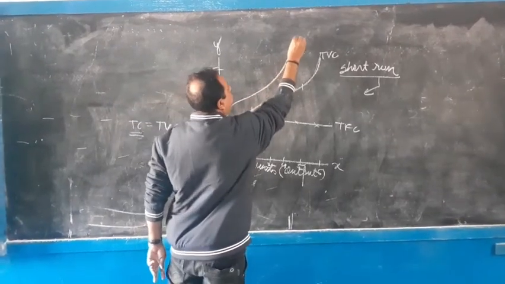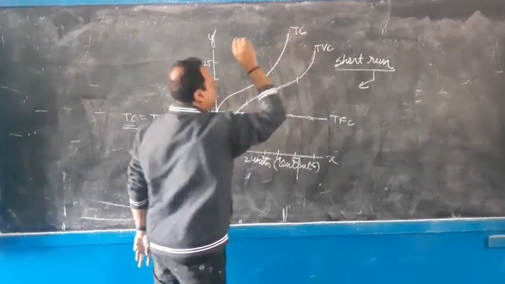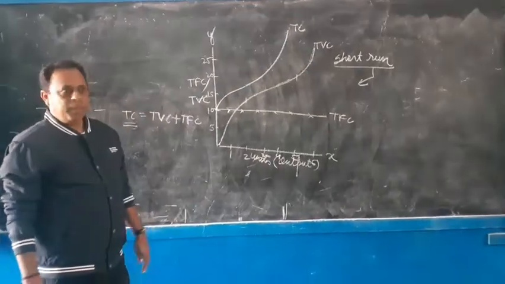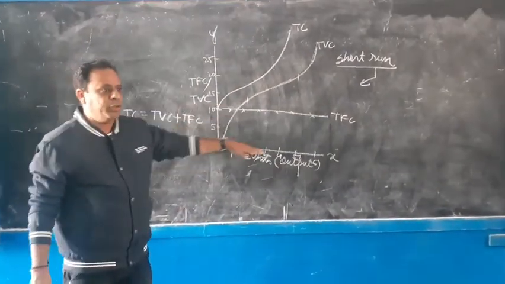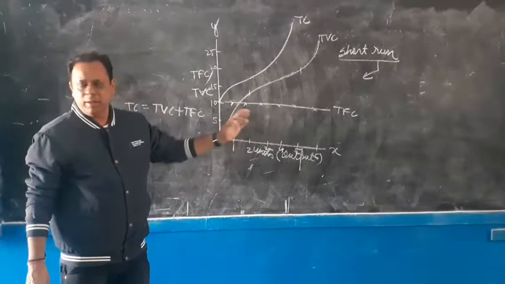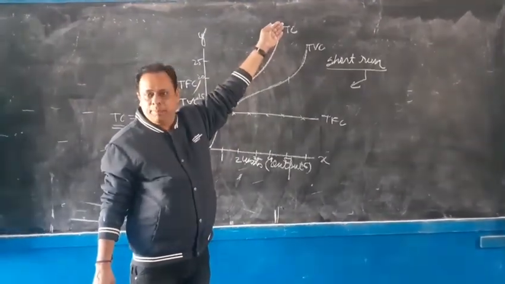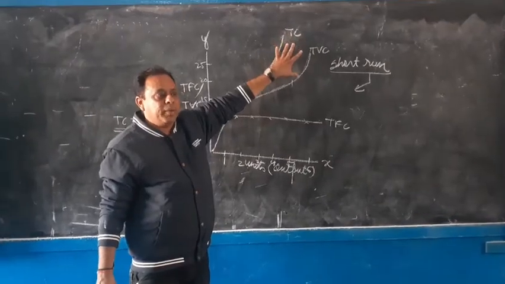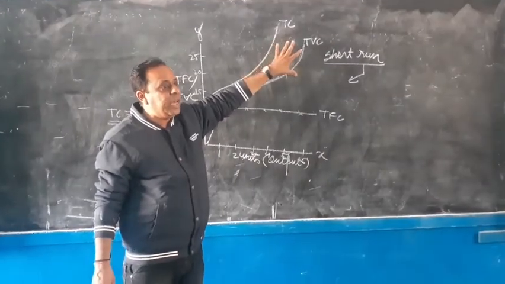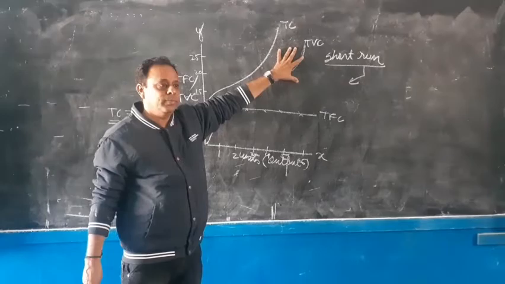It will show an almost parallel pattern to the TVC because fixed cost is the same for all units. Only variable is getting changed. So whenever variable is getting changed, the pattern will be the same. So this is the graphical representation of TC, TVC and TFC in the short run. Okay, thank you.